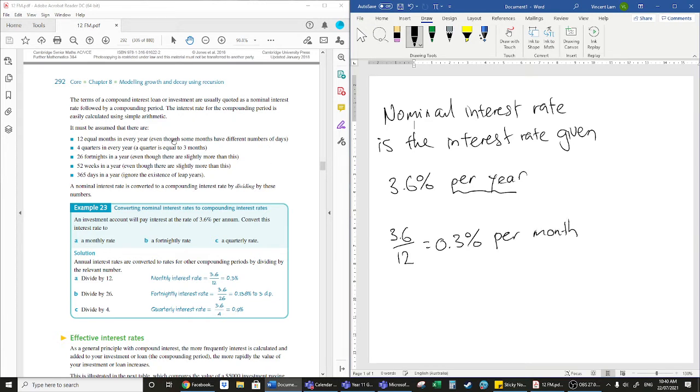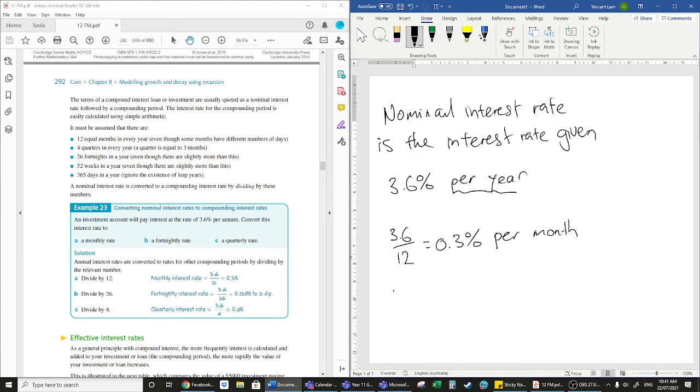Now, if you haven't copied it down, or you don't know how many days there are in a year or how many weeks, please make sure you copy this part down, which is there's 12 months, 4 quarters, 26 fortnights, 52 weeks, 365 days. Please have that in your book or have that memorized.